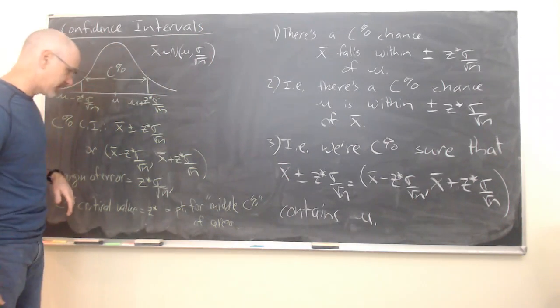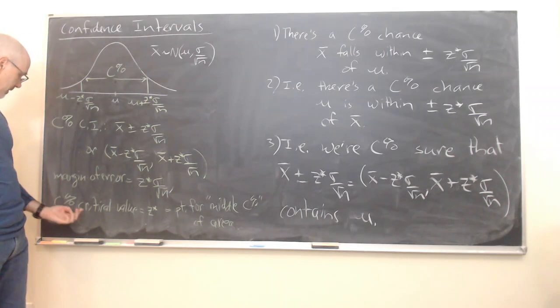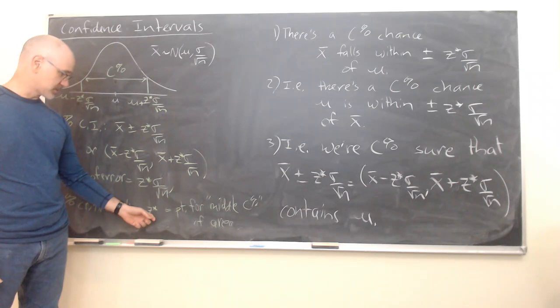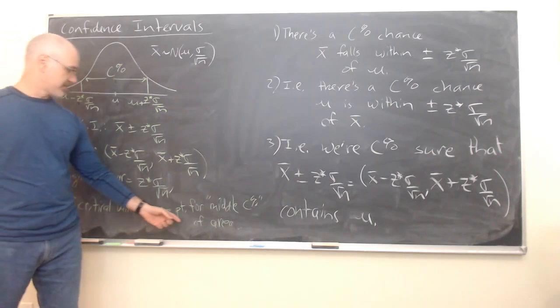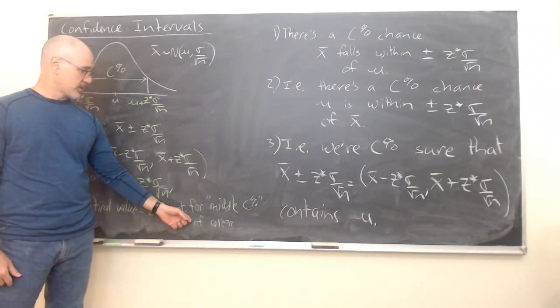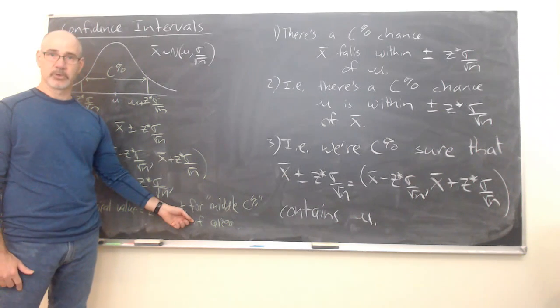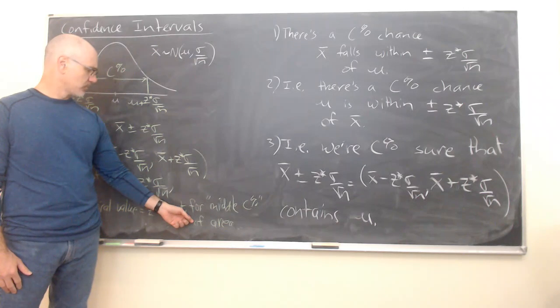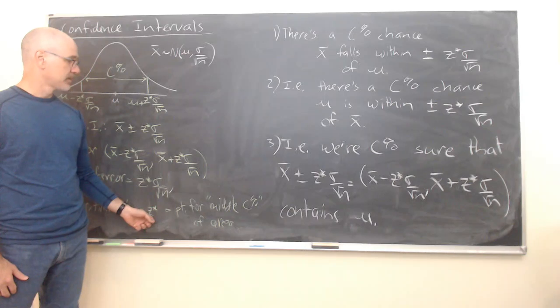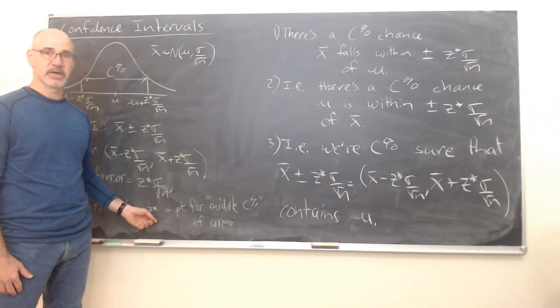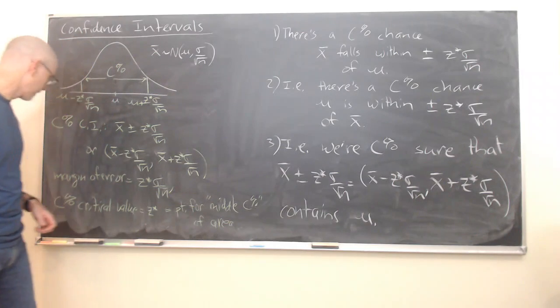There's a little bit of extra language. I think we already mentioned that the C% critical value is the Z star. That's the point where you have the middle C% of your area under the normal curve. Right? And we'll take a look how to get StatCrunch to produce the Z star for general values of C, not just 95 and 99.7.